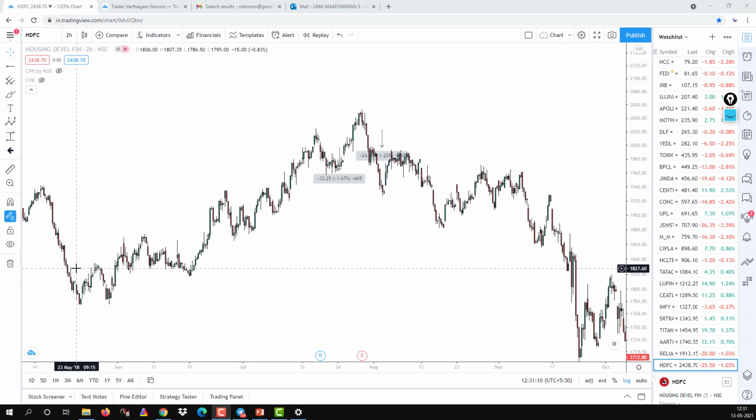This is the HDFC chart. Here we can draw one ascending channel. Let's see how to draw that ascending channel pattern.